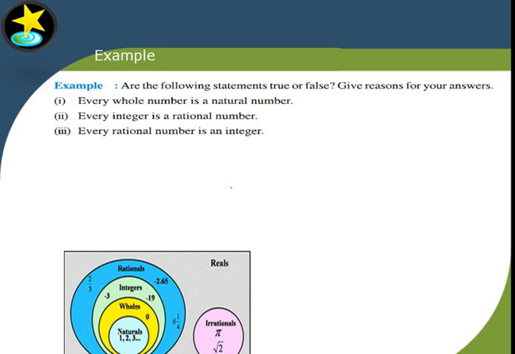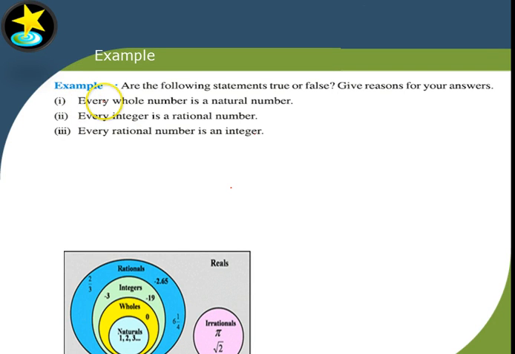While you are providing a subjective answer, you can use these Venn diagrams. That helps you get more marks, or at least the probability of getting more marks will increase.